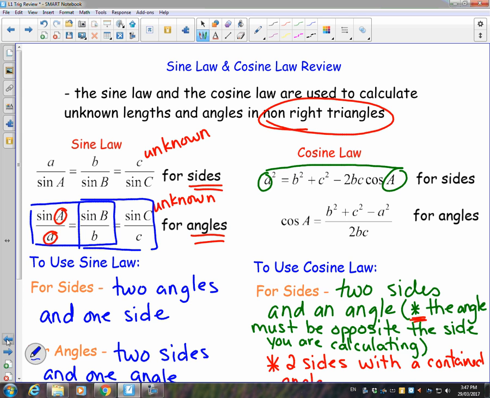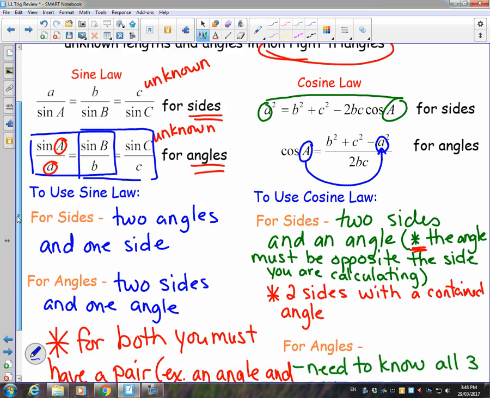One other thing I want to point out. Whatever angle we're calculating using the cosine law, the side that gets subtracted is the one across from it. So when you're filling in your formula, don't worry about A's, B's, and C's. Just remember the side that gets subtracted is the one that's across from the angle you're trying to figure out.